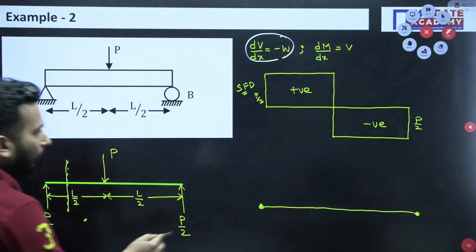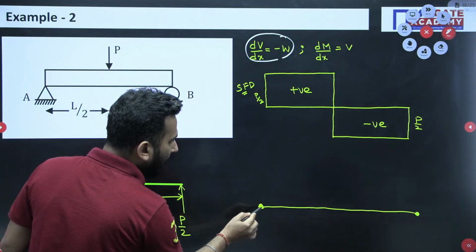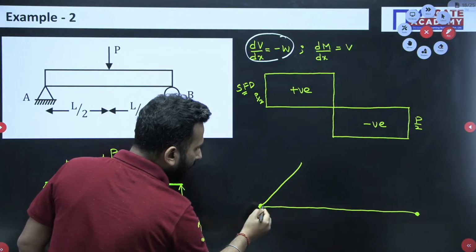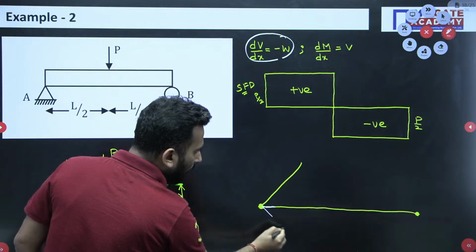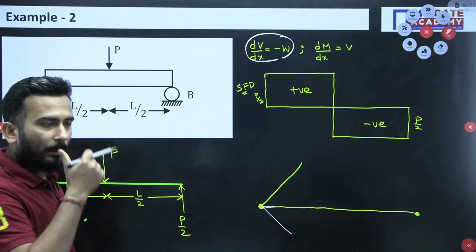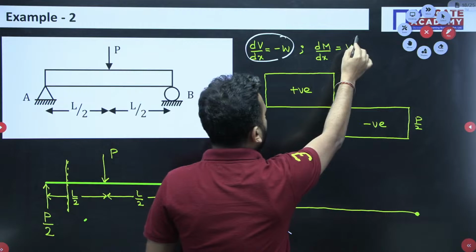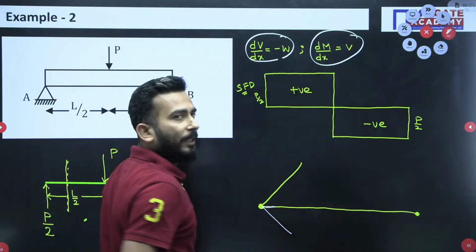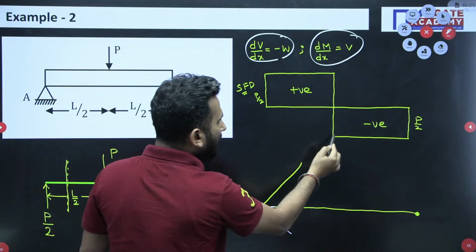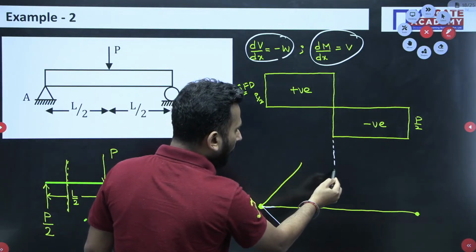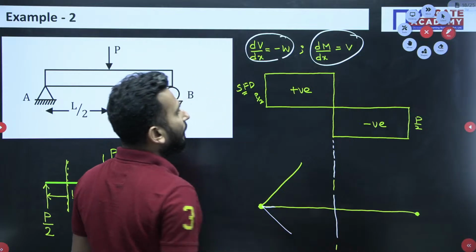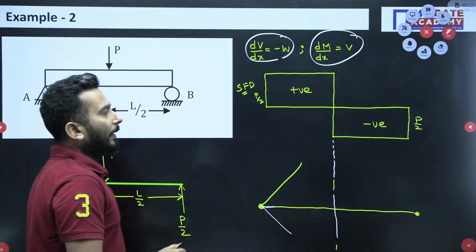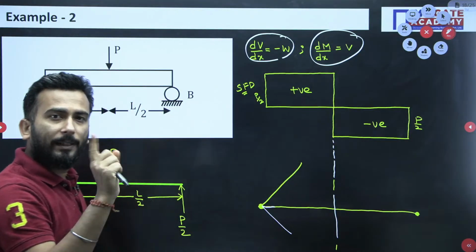Now from this point, you could have gone in this way, you could have gone straight, or you could have gone down. So how to determine? This will be given by this relation. So what is the slope? The slope is equal to V. And if you see in the first half of the section, the slope is constant as well as positive.